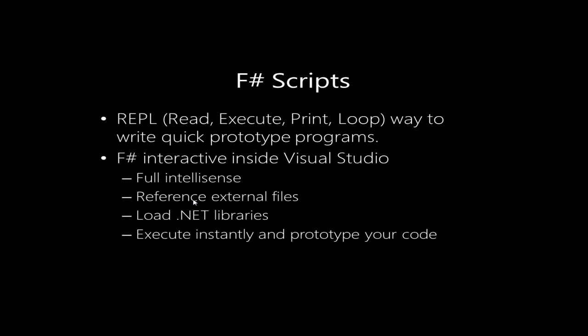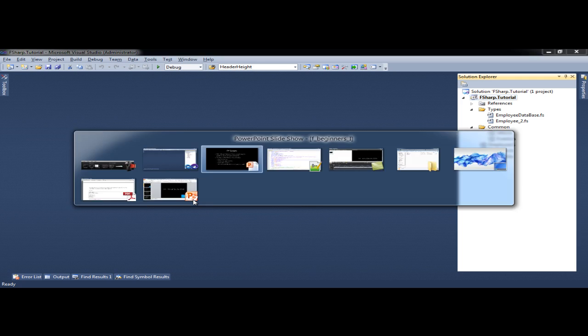With Visual Studio, you get FSharp interactive mode, which will execute your script files or just a piece of FSharp code. You can use your FSharp scripts with full IntelliSense, reference external files, load .NET libraries, and execute instantly and prototype your code.